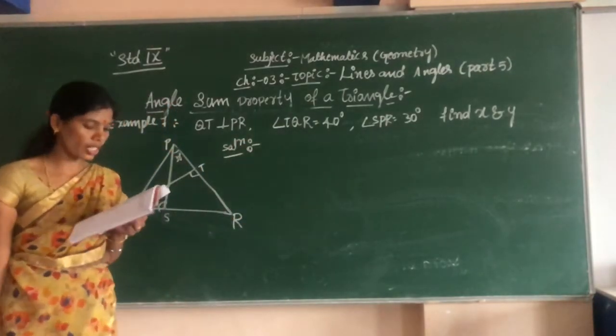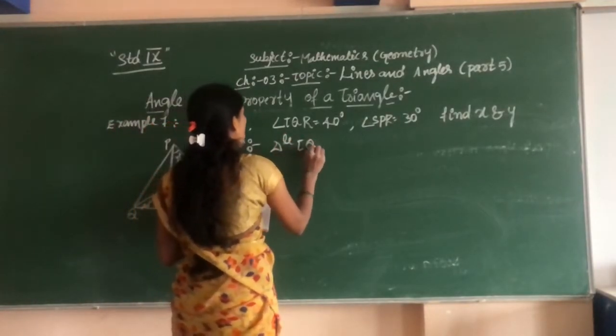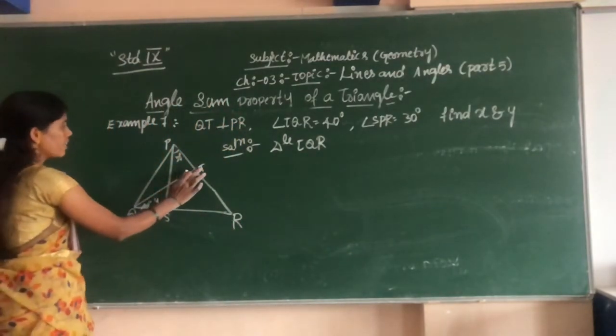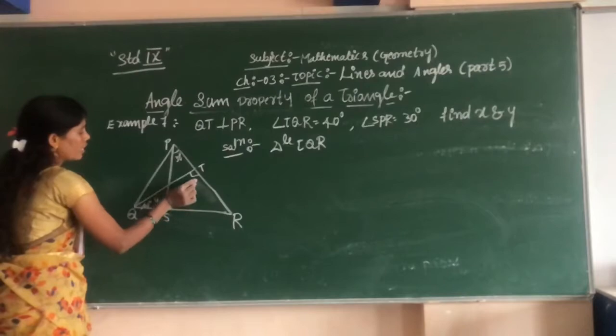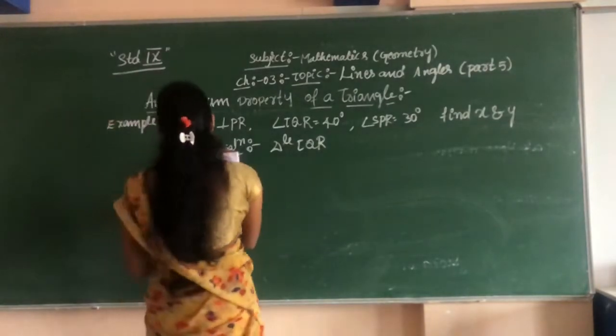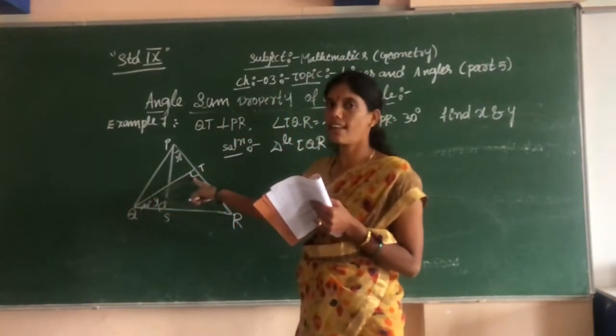What is there in the solution? Triangle TQR. We shade triangle TQR. The 90 degree symbol represents a right angle triangle.